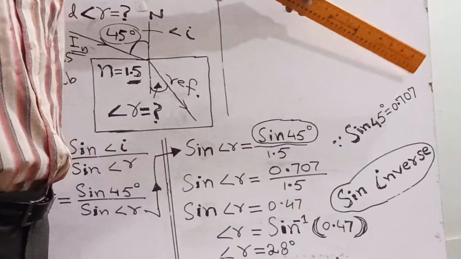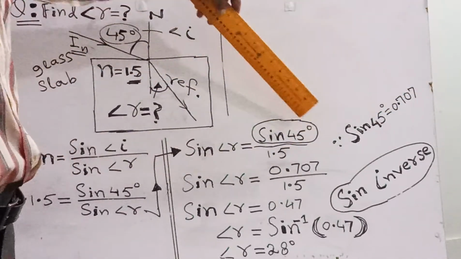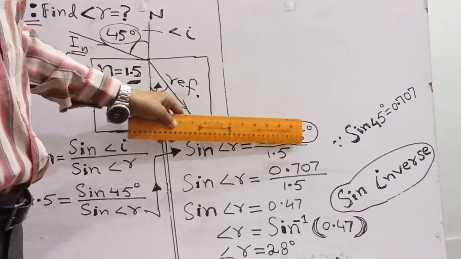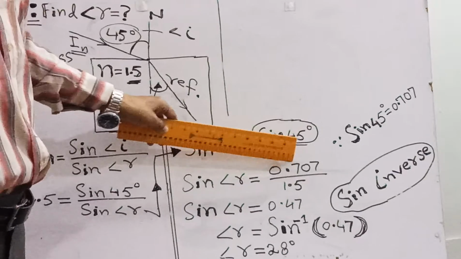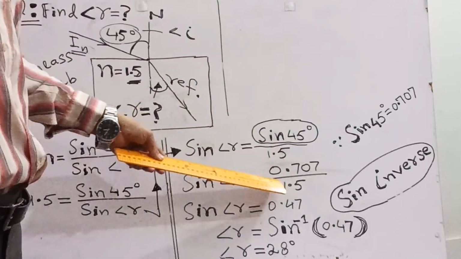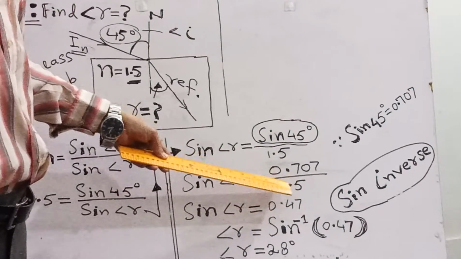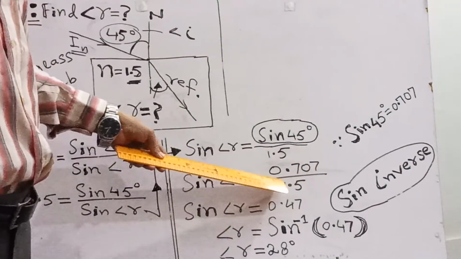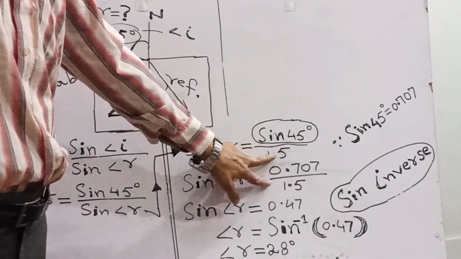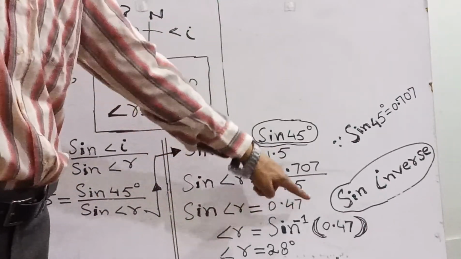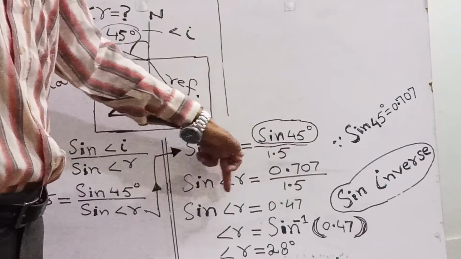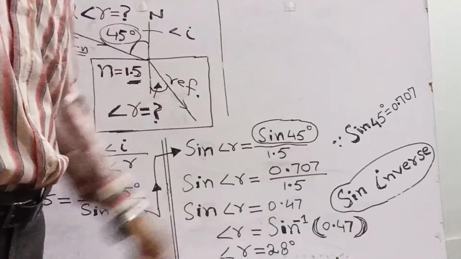Put this 0.707 in place of sine 45, and leave 1.5 as it is. Now divide 0.707 by 1.5. Then the answer comes around 0.47, and hence the sine of the angle of refraction is equal to 0.47.